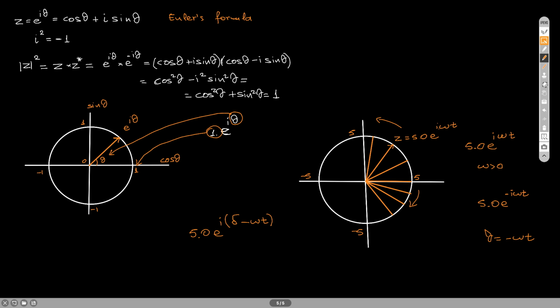Instead of using 5, let's just use alpha or a constant. So A, delta, omega, those are real numbers. This is a complex number.